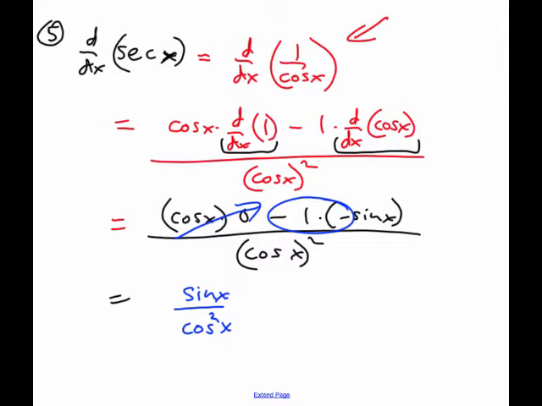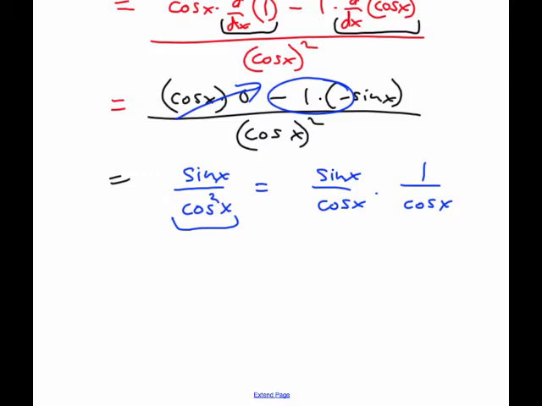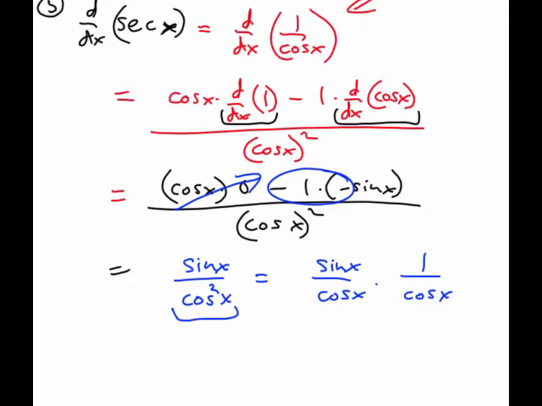We could leave the derivative like that, but we're going to change the look of it a bit. I'm going to break up this result into sine x over cosine x times 1 over cosine x. I've done that because sine over cosine I know is tangent, and 1 over cosine I know is secant.